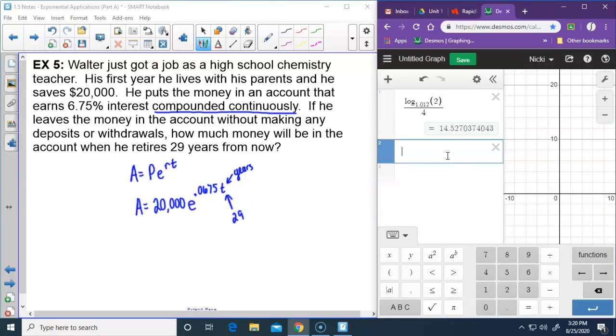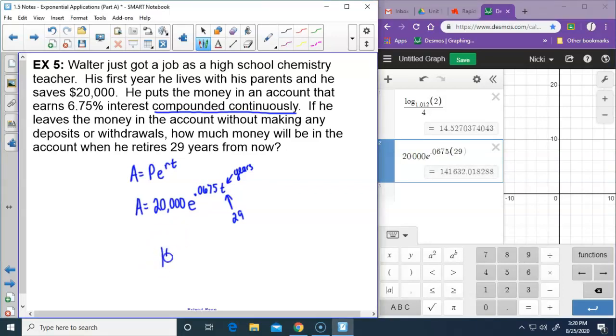So if I type that into Desmos, 20,000 e to the 0.0675 times 29 is going to give us $141,632.02.